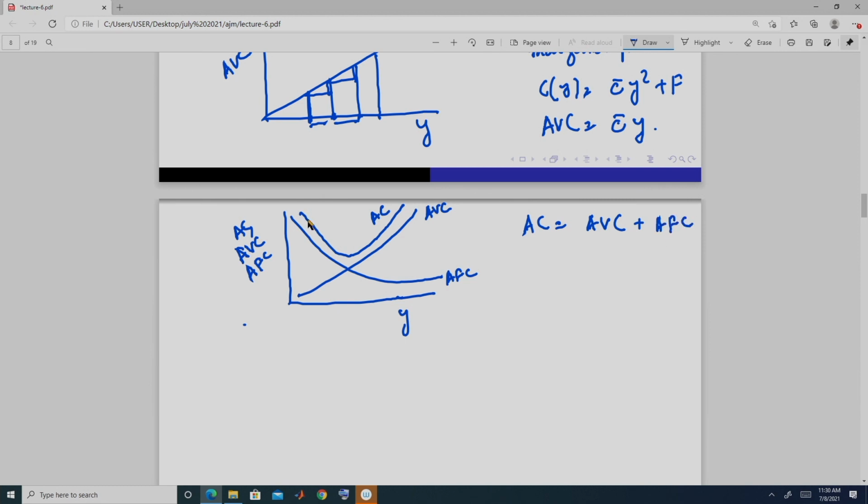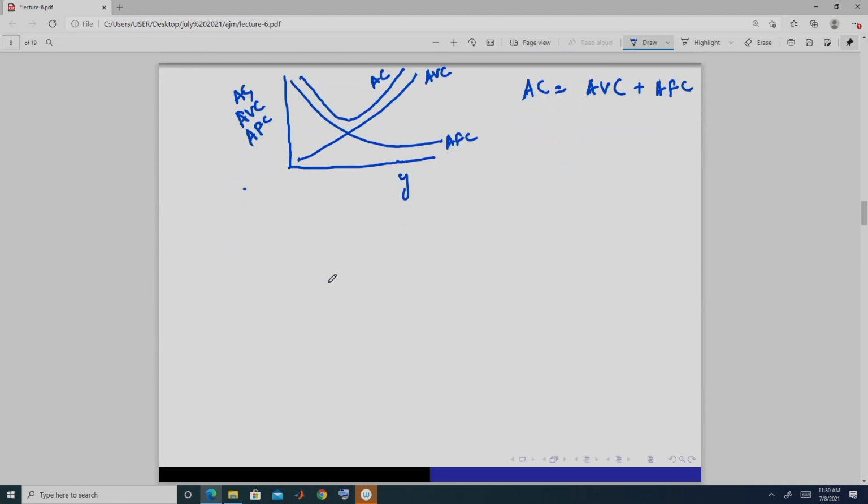So, we get a U-shaped average cost. When do we get a U-shaped average cost? One possibility is when the average variable cost is always increasing, and average fixed cost is always decreasing. So, the sum of these two will give us a U-shaped average cost. Okay.